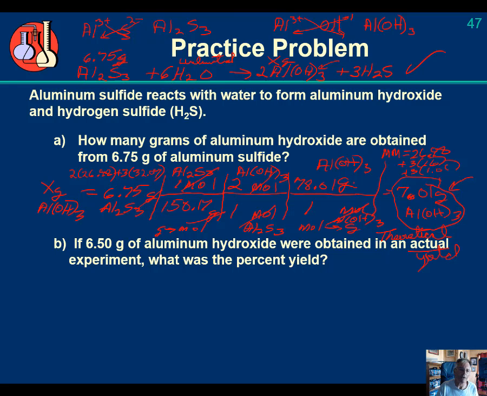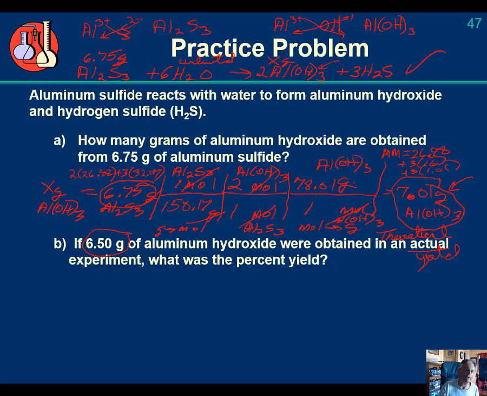So let's say I go into the lab, I take my 6.75 grams of aluminum sulfide, I react it with an unlimited amount of water, and after a given amount of time, this is all I've got. And I'm thinking, well, I should be getting 7.01 grams. Well, that's only theoretically.